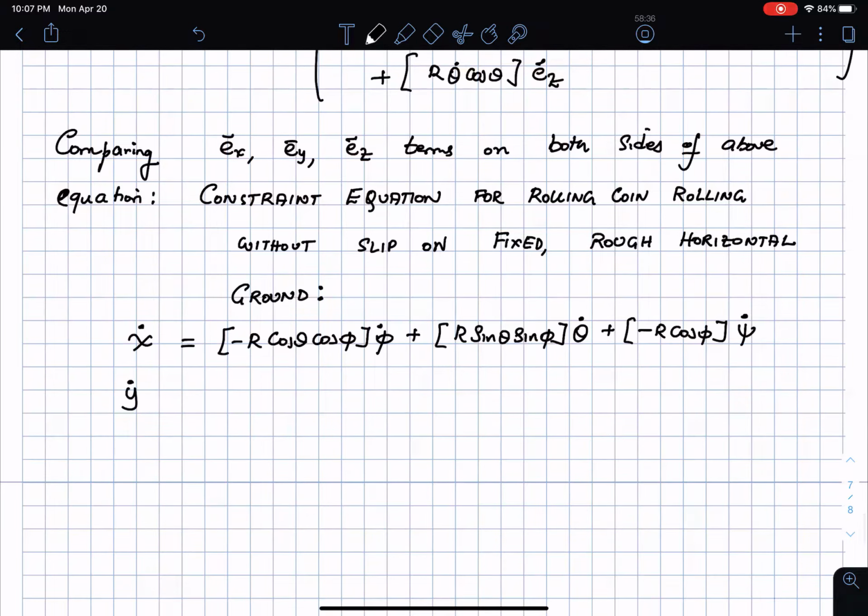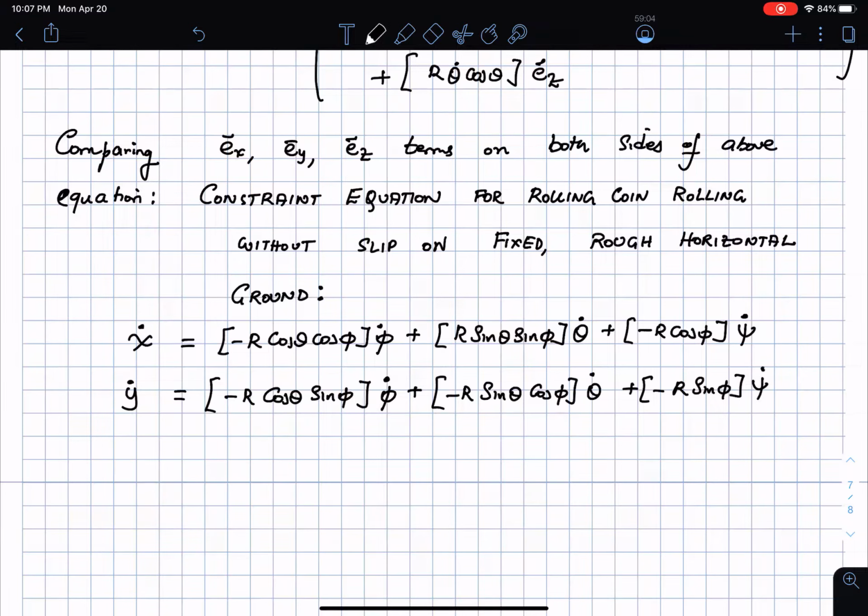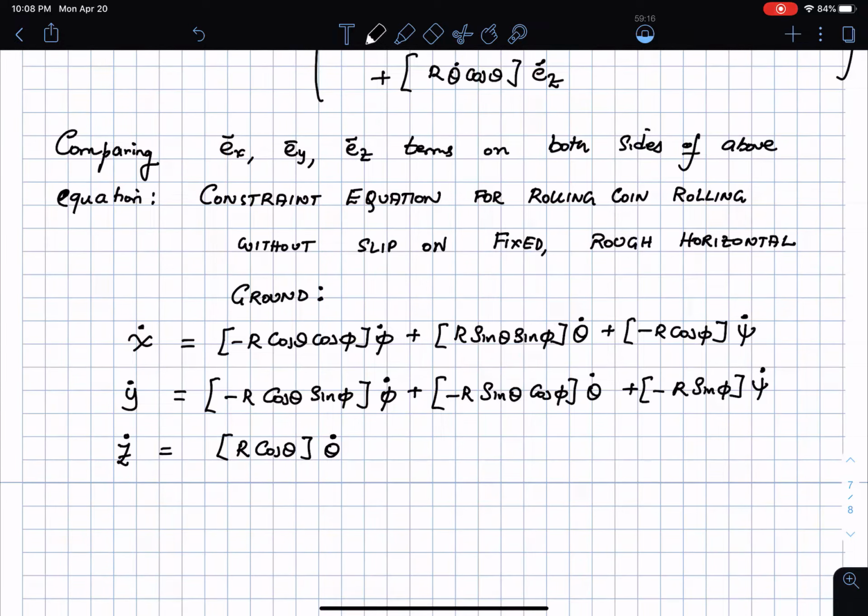Then Y dot is equal to minus R sin phi cos theta phi dot, minus R cos theta sin phi phi dot. Then I'm going to have minus R sin theta cos phi theta dot, plus minus R sin phi times psi dot, and then Z dot is going to be R times cos theta times theta dot. So this is one of the premier things that we have, the constraint equation.